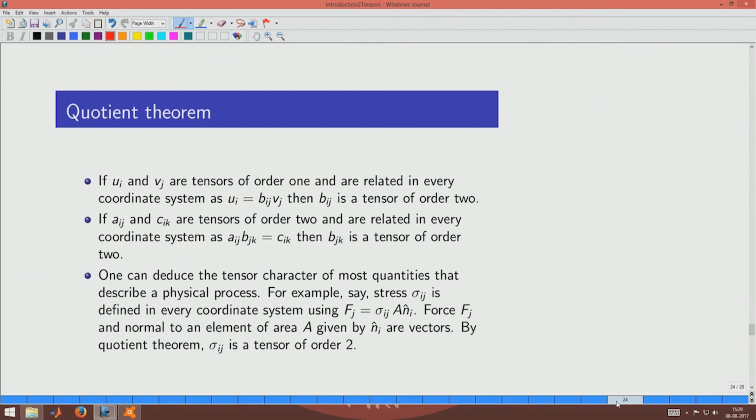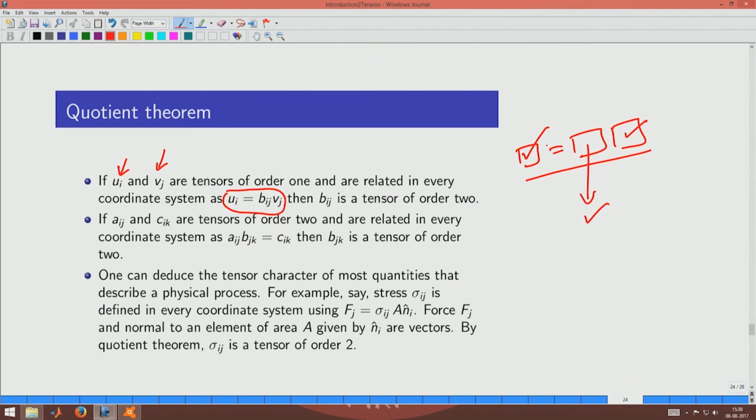What it says is as follows: if you knew that in every coordinate system u_i and v_j, which are two vectors, are related in this form, u_i equals b_ij v_j, then b_ij must be a tensor of order 2. When you know this is a tensor of some order, this is a tensor of some order, and they are multiplied this way in every coordinate system, it implies that this must also be a tensor of the appropriate order.